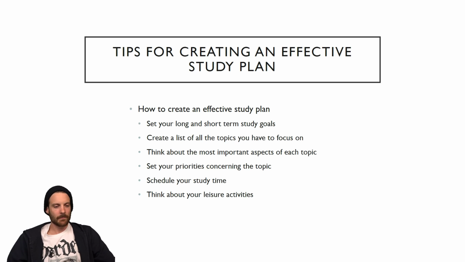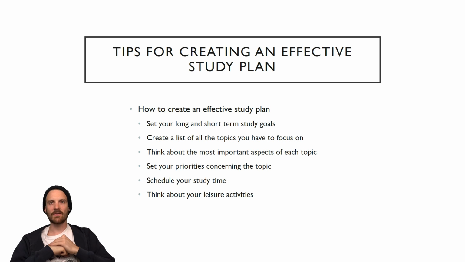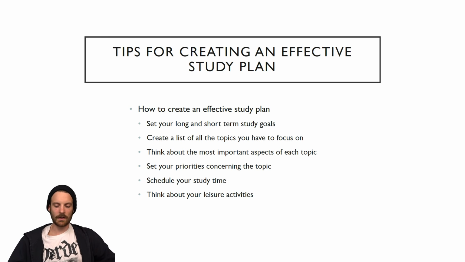The most important aspects are the aspects the book treats. So it's very easy to find out: just take the book, read the subtopics of every topic, and then you will be fine and can find out the most important aspects.